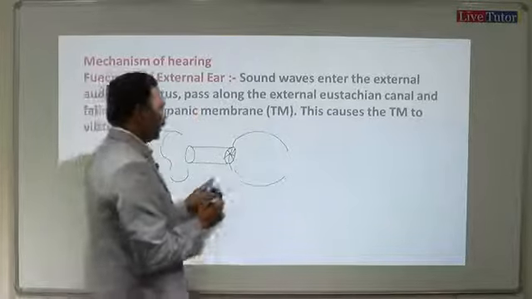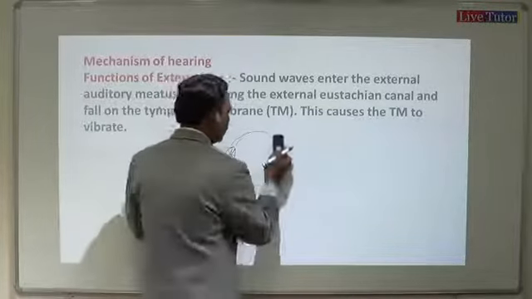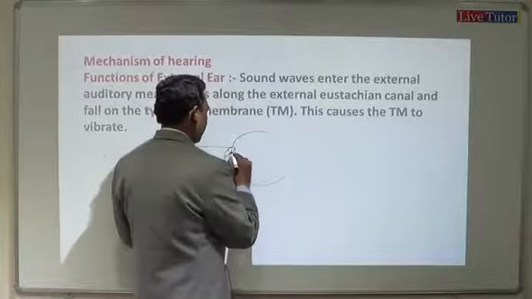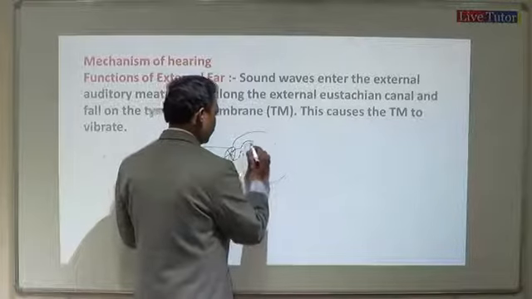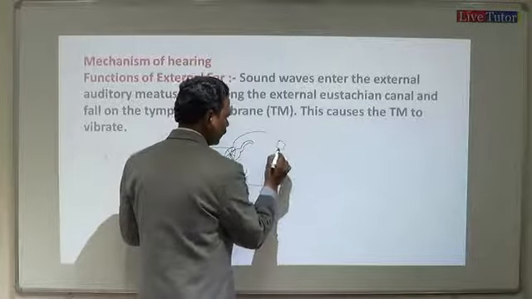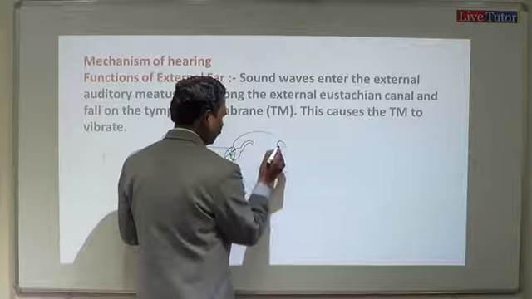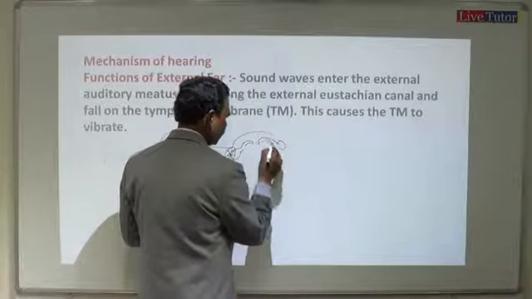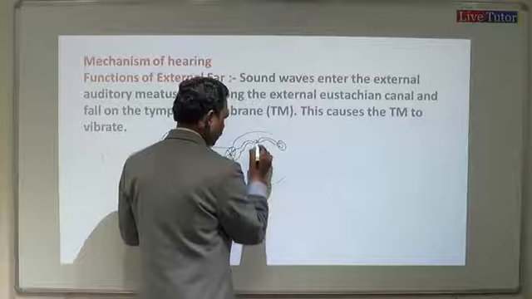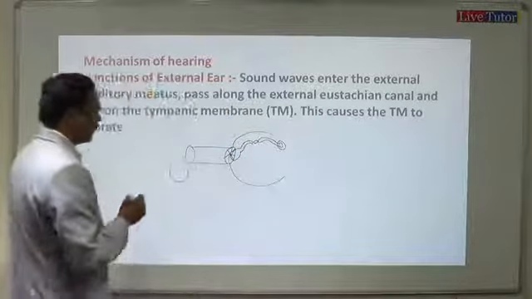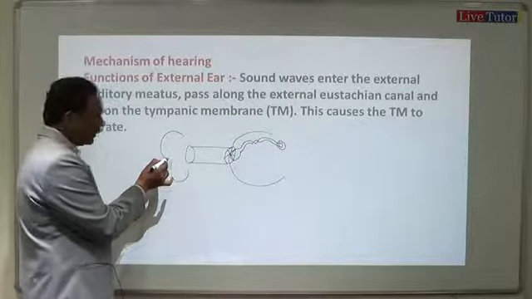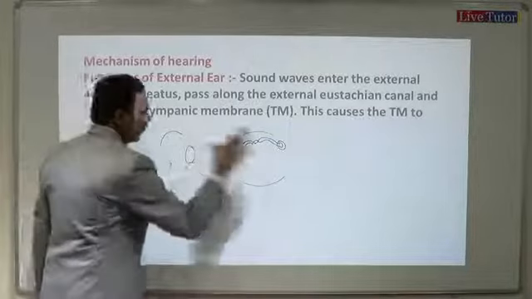Conductive hearing loss is only the defect in the middle ear and the external ear. So conductive hearing loss is the defect in the external ear and the middle ear.